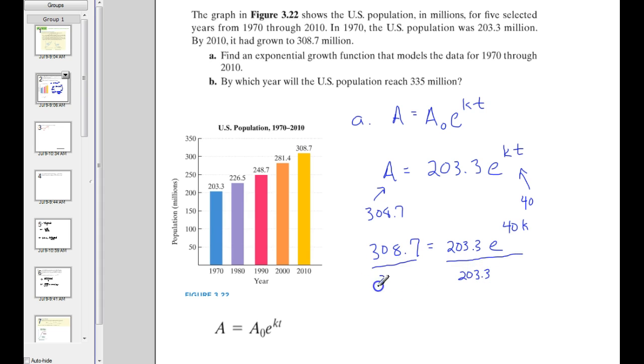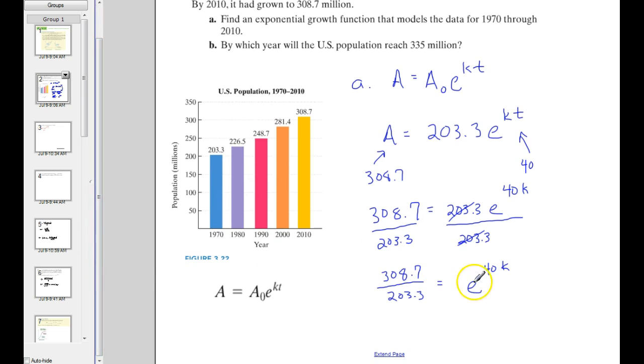Even though it's an ugly fraction, I'm going to leave this in fractional form for now because I don't want to round this and then round again at the end. We want to round as few times as possible. Alright, I've got e to a power with the variable, so to get that variable out of the power, I'm going to bring in natural logs.